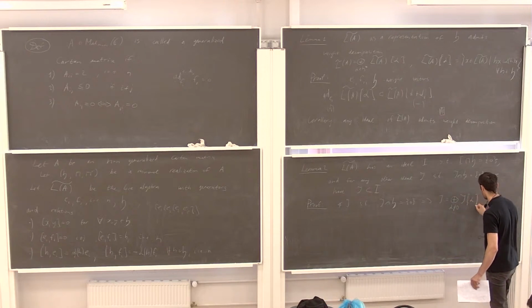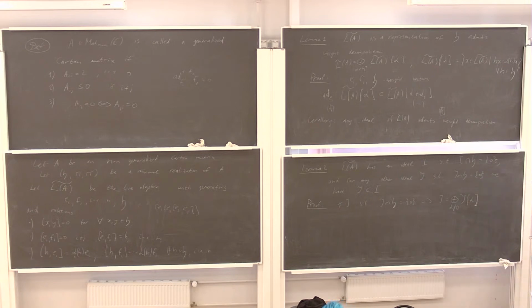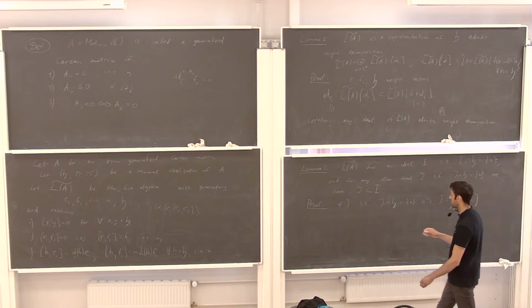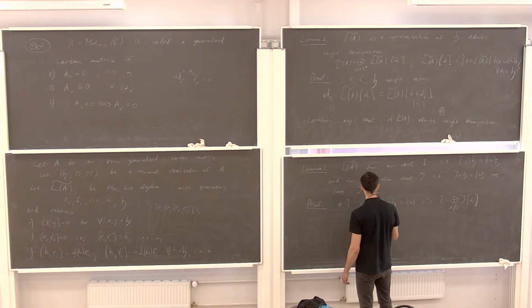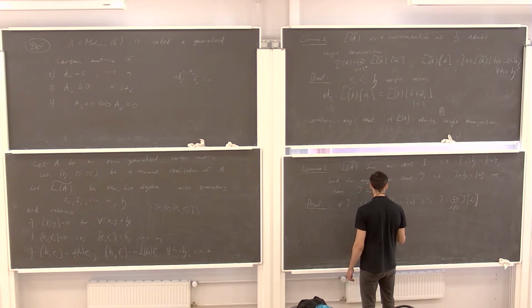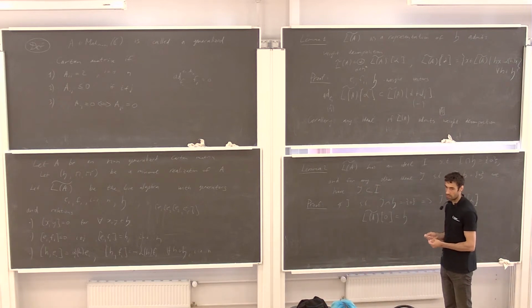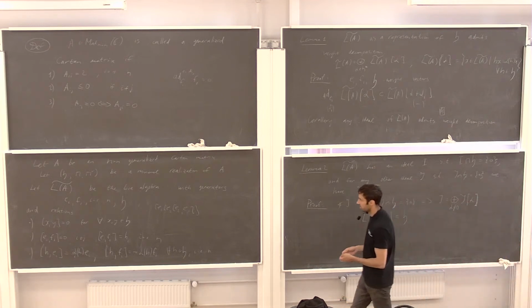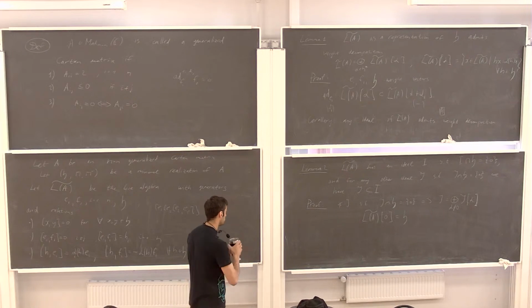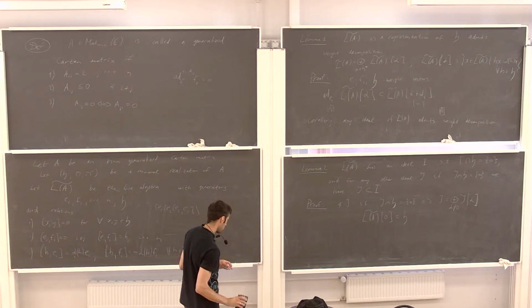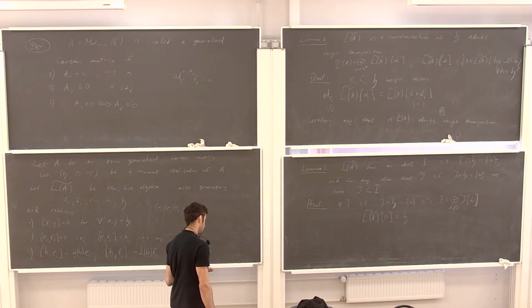So this is the weight subspace here. This is just because L of A tilde 0 is H. Well, we have weight decomposition, and we have, right.